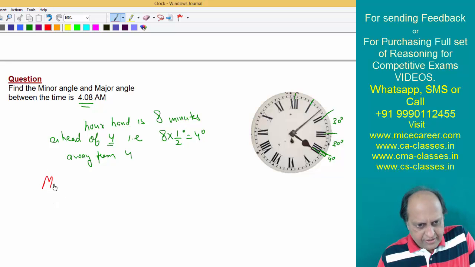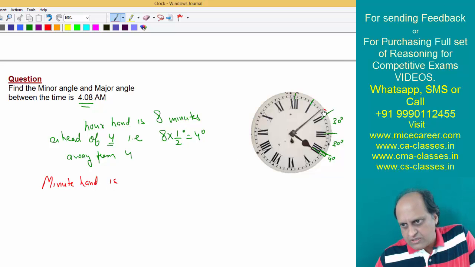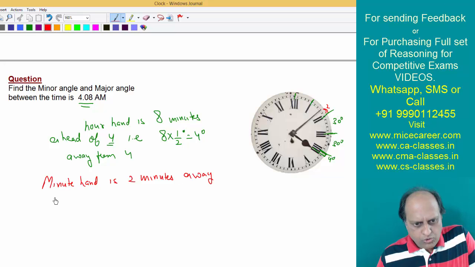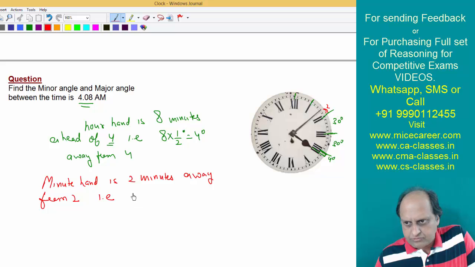Now the minute hand is 2 minutes away from 2, that is 12 degrees.